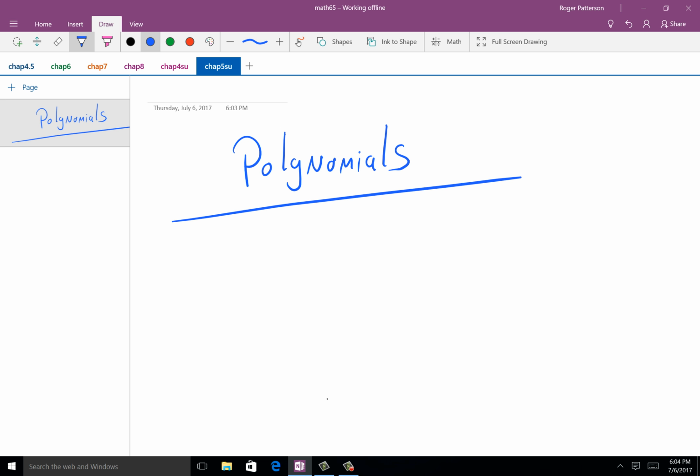So a polynomial, poly means many and nomial means terms. So it's kind of hard to define them, but I'll just give you some examples of some polynomials, and some that are not.